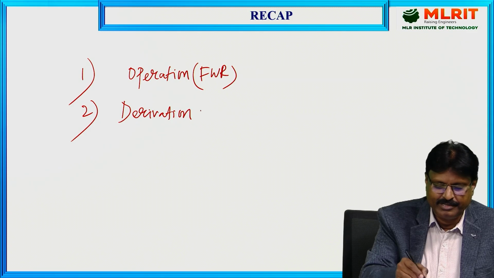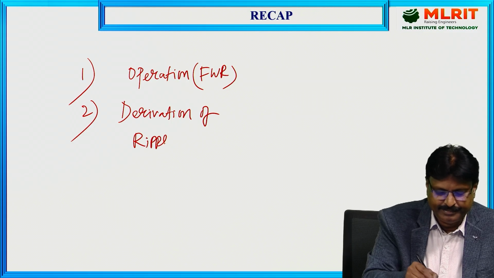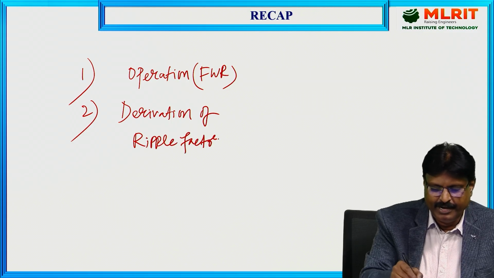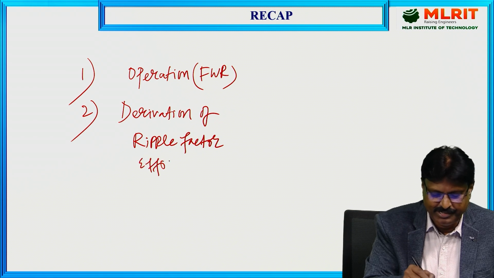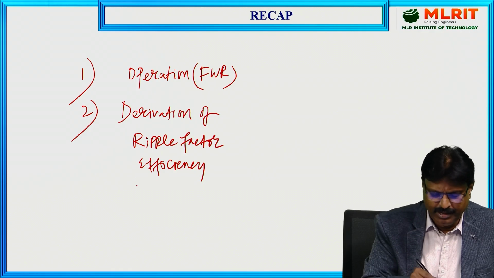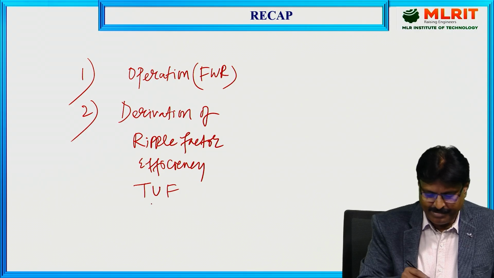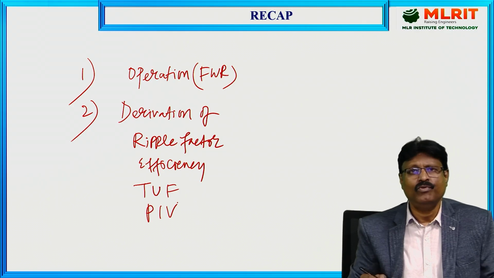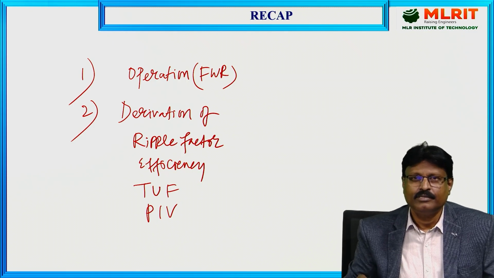First, I derived the ripple factor, and next I derived the rectifier efficiency, and then I derived the transformer utilization factor TUF, and finally we discussed the PIV value, peak inverse voltage or peak reverse voltage. Okay, so with this I conclude my presentation.